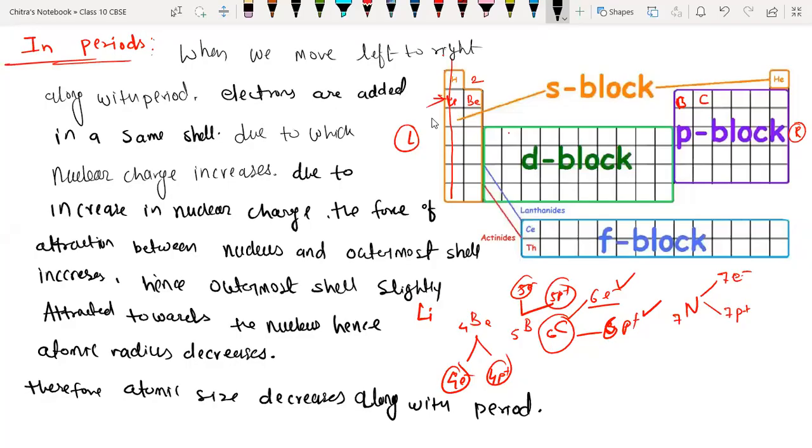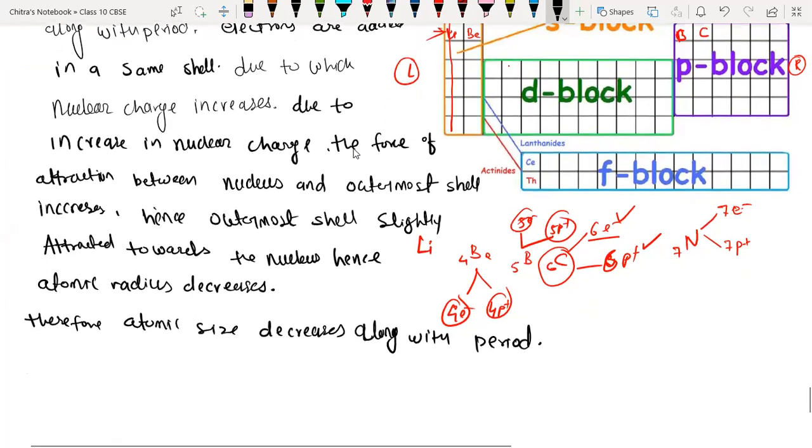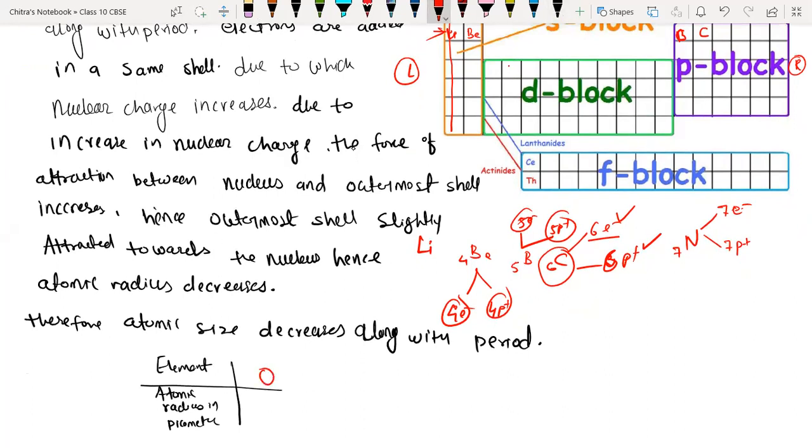So I'm going to write examples for a few elements of the same period. Here I'm writing element, and here atomic radius in picometer. Oxygen has atomic radius 66 picometer.